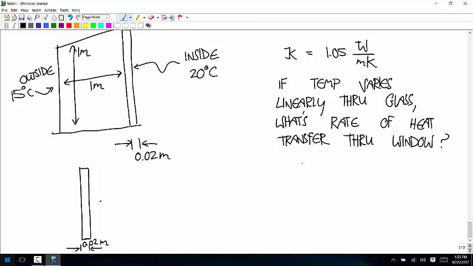The energy is going to be flowing this way, so that's our positive x direction. So let's call this side x equals 0, and then this point here would be x equals positive 0.02.